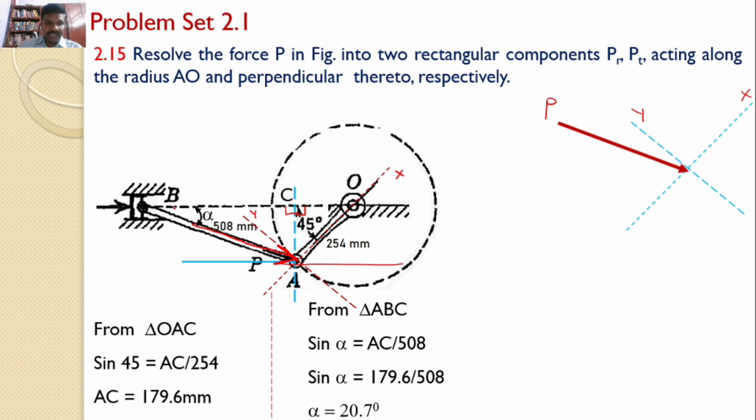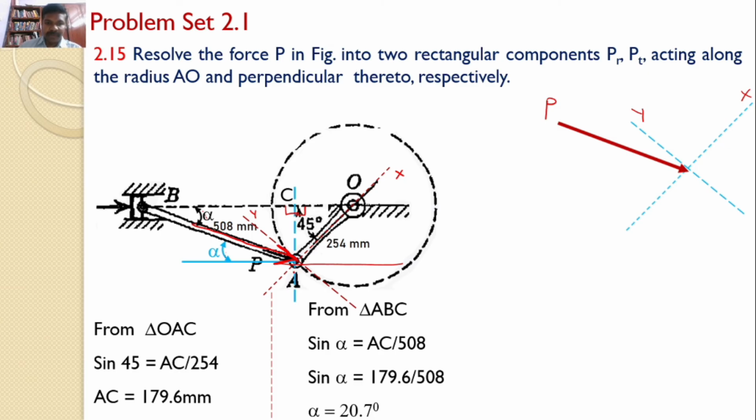Since you know that the angle made by the force P with the horizontal BC is alpha, this angle will also be equal to alpha, because opposite sides are the same. Similarly, the angle made by AO with the horizontal is given as 45 degrees.